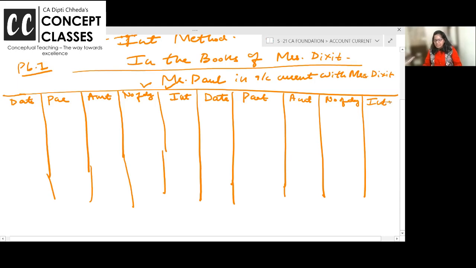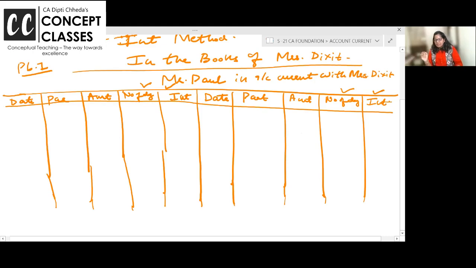Does anyone have any doubt in making the columns? Don't make it horizontal in the exam. Date, particulars, amount. The two columns, number of days and interest, are memorandum columns.